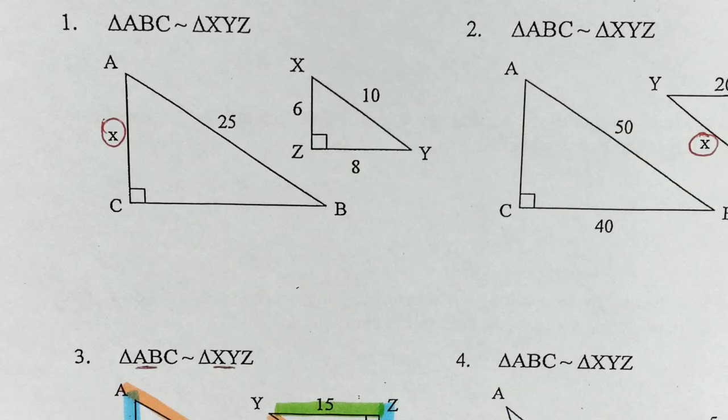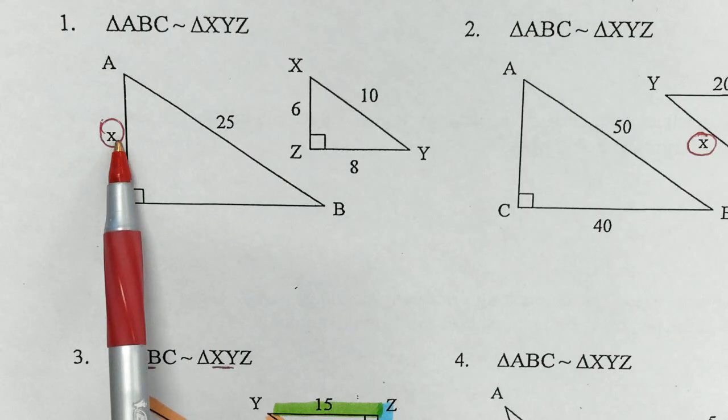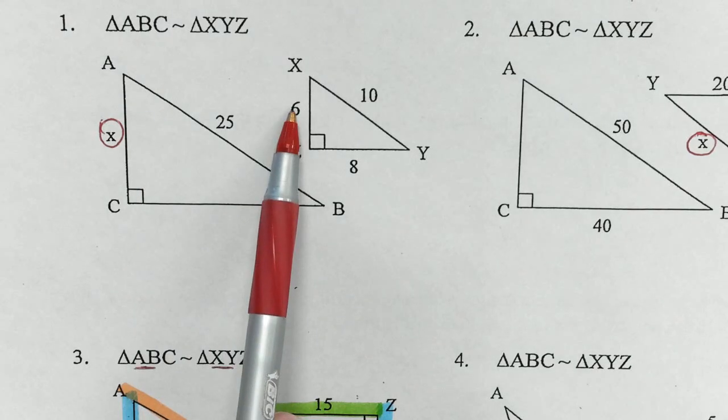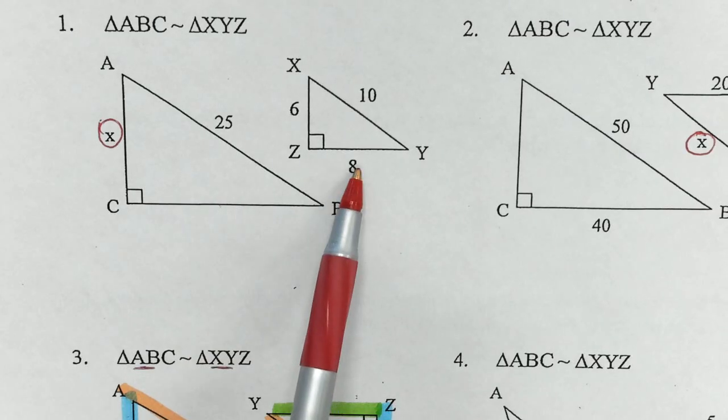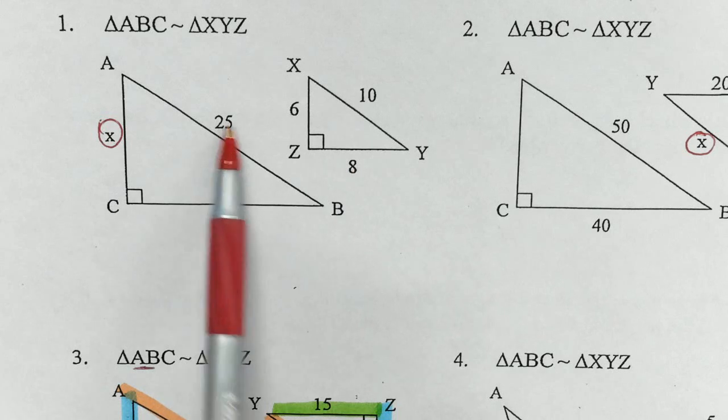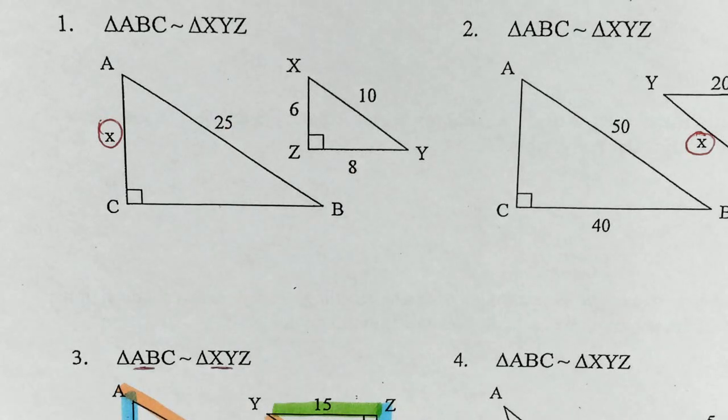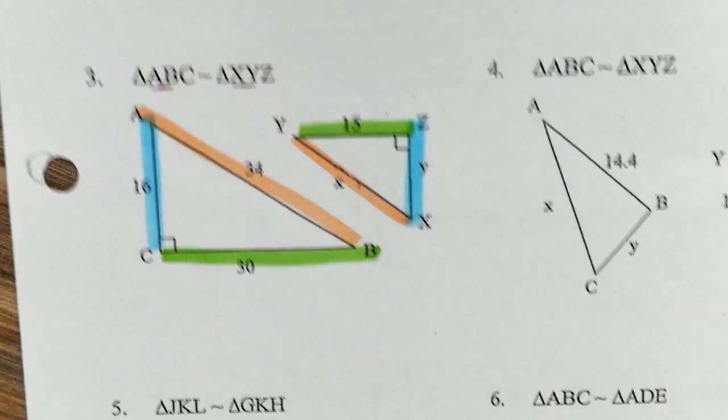Are you going to need all of them? No, you have to use the side that goes with X. So I have to use the 6. I probably can't use this one because there's no number here. So I'm not going to use that, but I will use 25 and 10. Does that make sense?